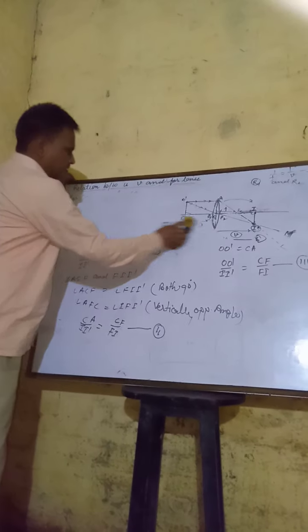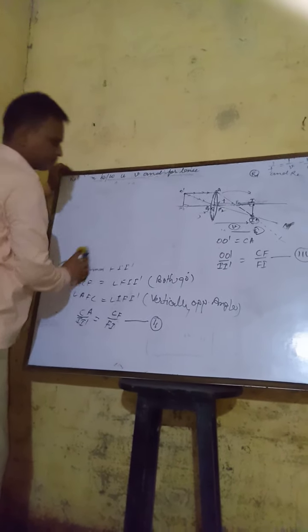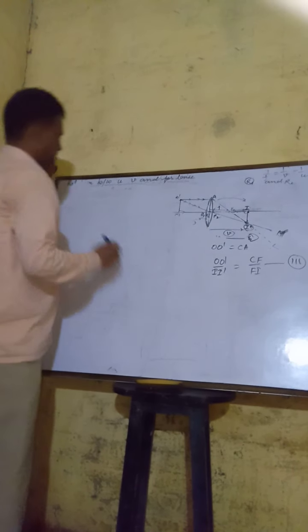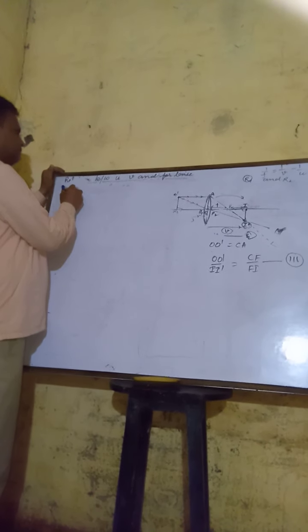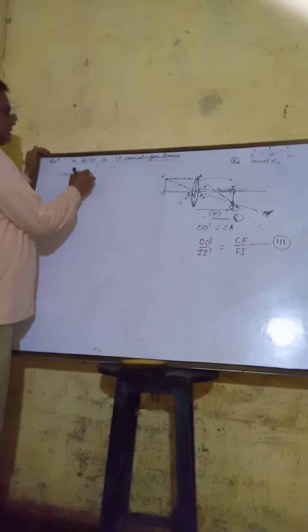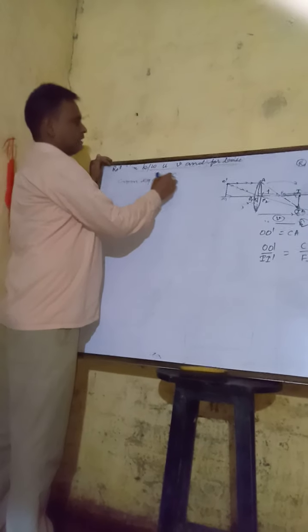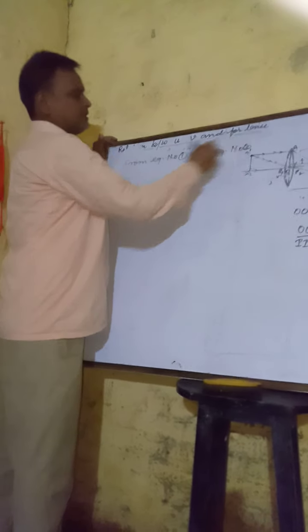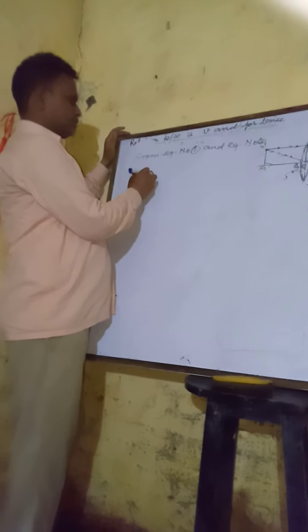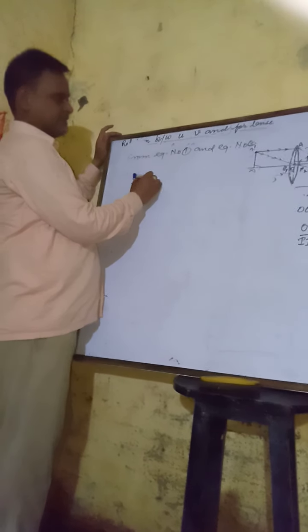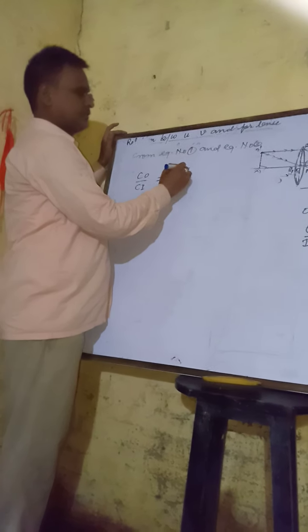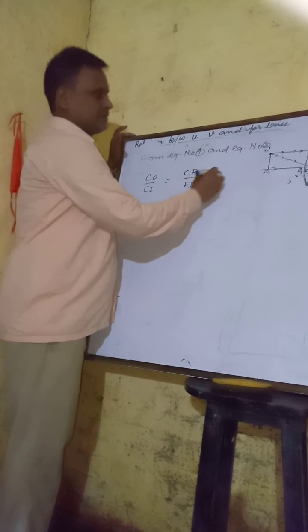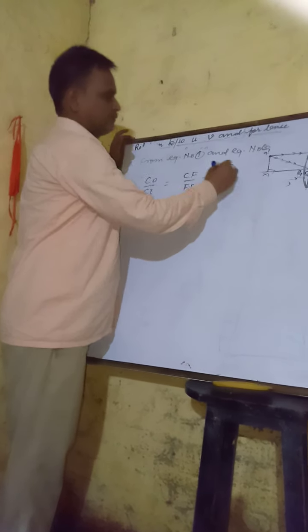In this way, from equation number 1 and equation number 3, CO upon CI is equal to CF upon FI. This is equation number 4.